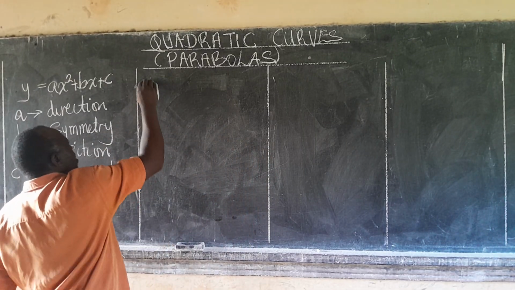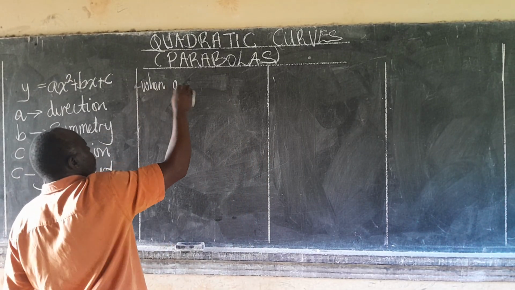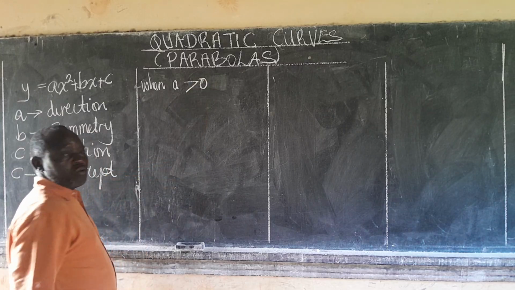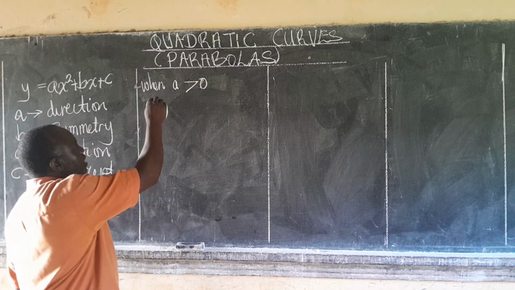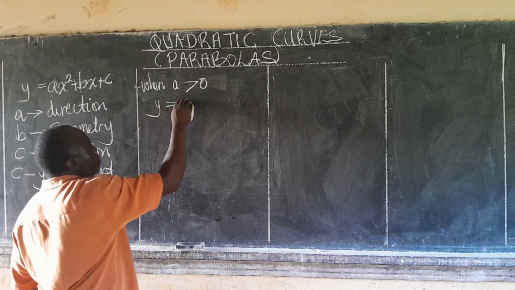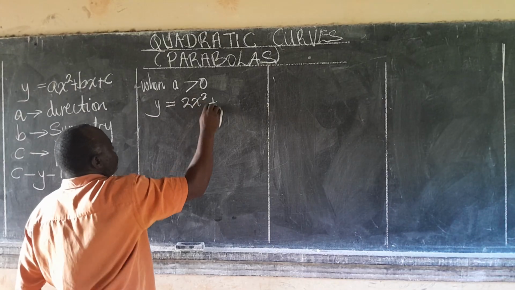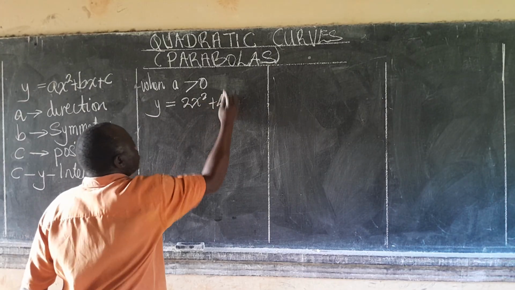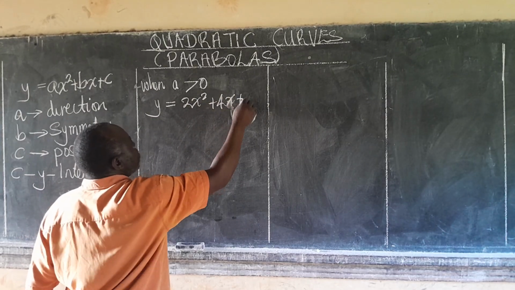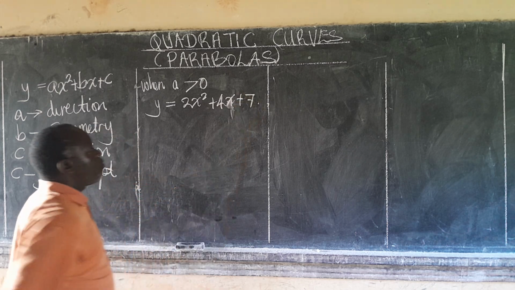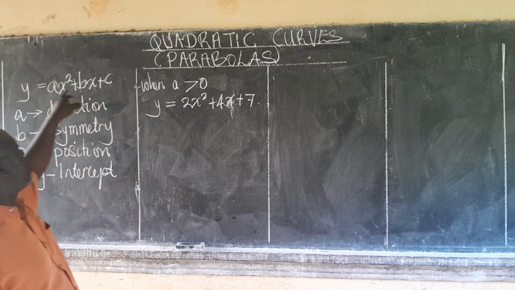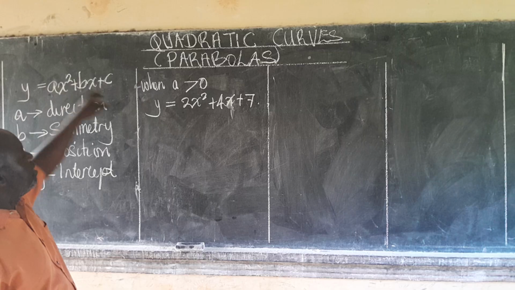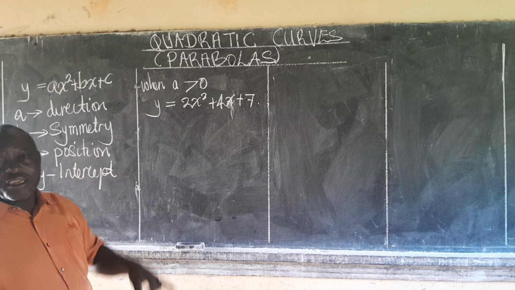Now, let us have a look at when A is greater than 0. When A is greater than 0, we can have an example of y equals 2x squared plus 4x plus 7. When we compare this one with our mother quadratic equation, this 2 is greater than 0.